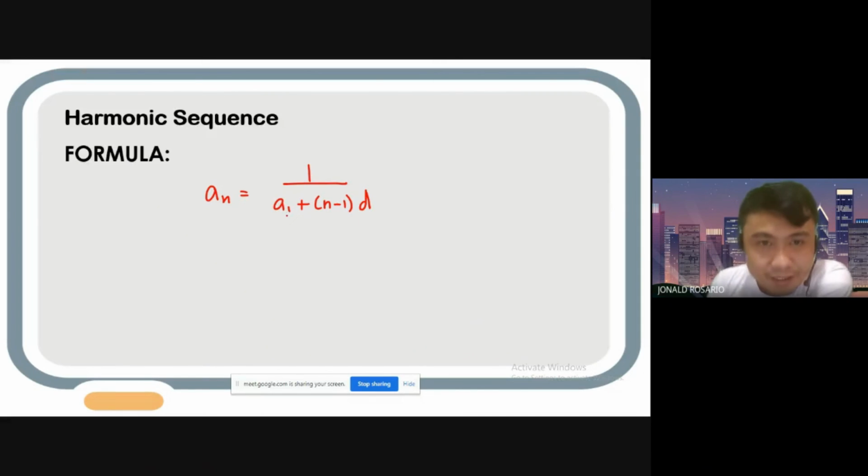Okay, the first term of the harmonic sequence kapag nakalagay sa arithmetic sequence. Yan. Okay, so if we're going to consider yung kanina, 4, 8, 12, 16, 20, and so on.